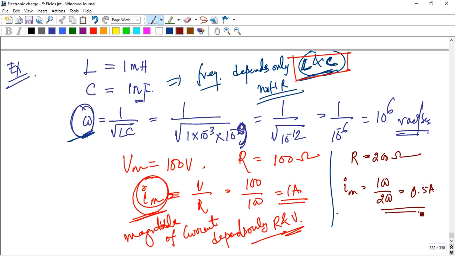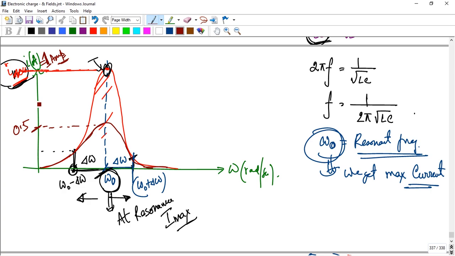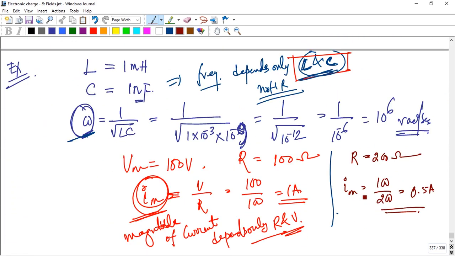Okay, so for 0.5 ampere, there's a diagram shown now. Suppose these are the 0.5 value, and here 1 ampere. So you see that if the resistance in the LCR circuit is increased, the maximum current will be decreased.